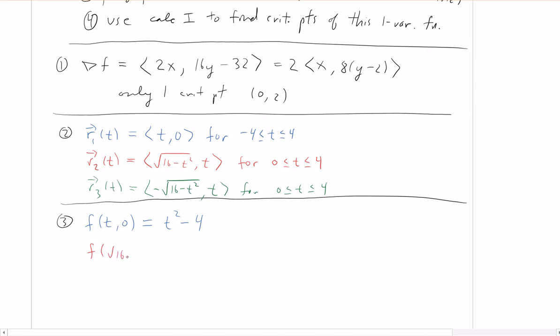Now let's do the second one. For x we plug in the square root of 16 minus t squared, and for y we plug in t. Now if you plug this in and simplify everything, you'll get 12 minus 32t plus 7t squared. And actually it's not too hard to see that for R3 you actually get the same thing.